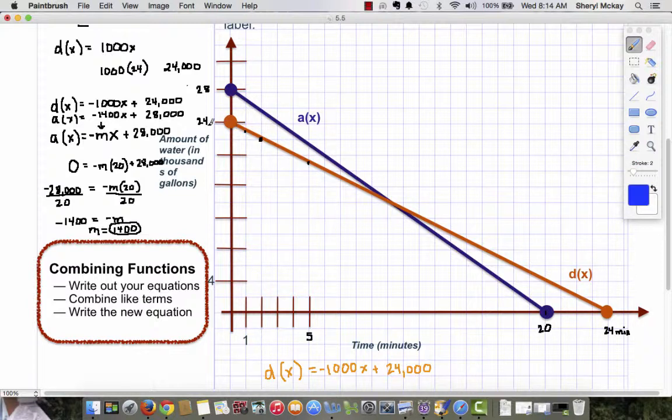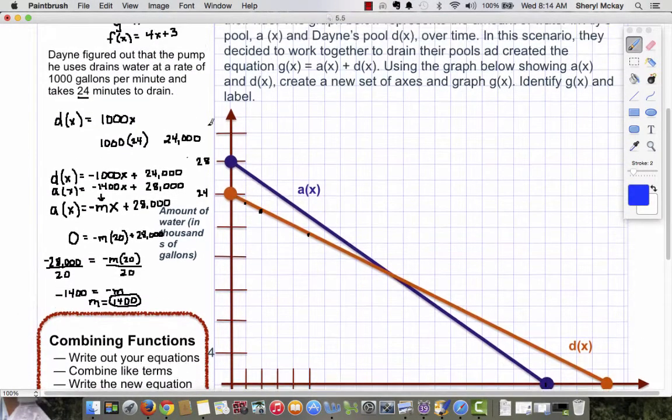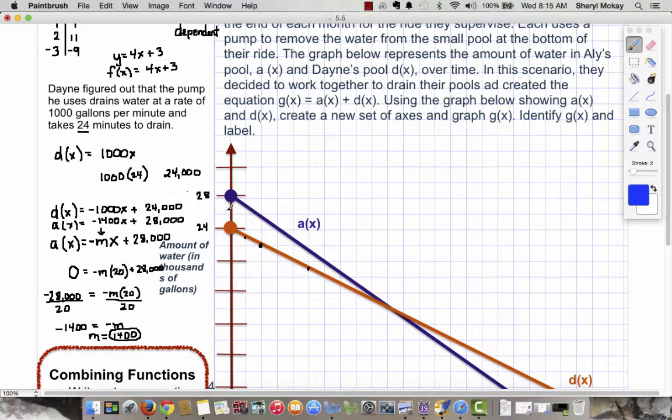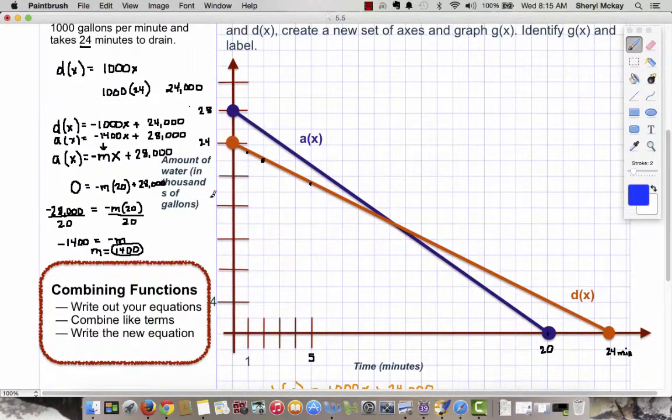So now that I have that in my mind, I could go ahead and graph this, but actually it's going to take a while because if I have to do 52,000, I'm going to have to be way up here. So instead of trying to make a new axis, I'm just going to change my values on the y-axis and ignore the a x and the d x, because now I'm going to change the scale of my y-axis so that I can fit my two on there.